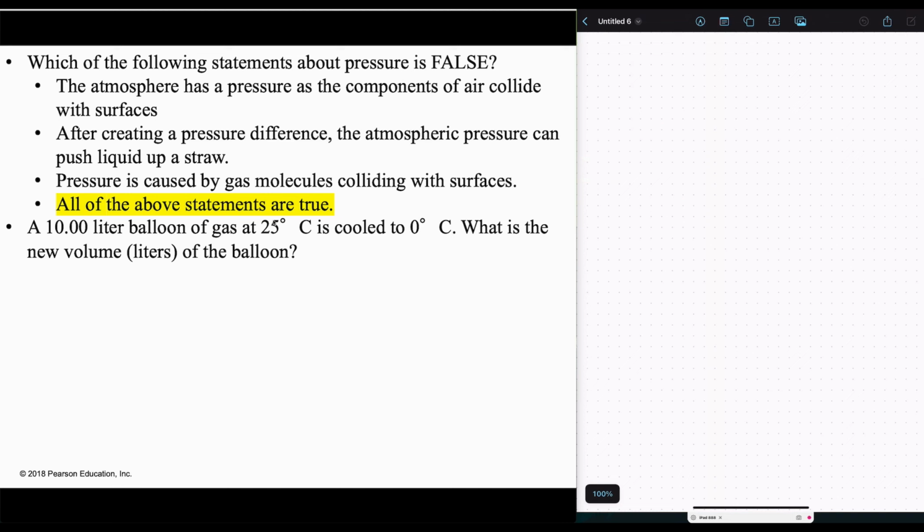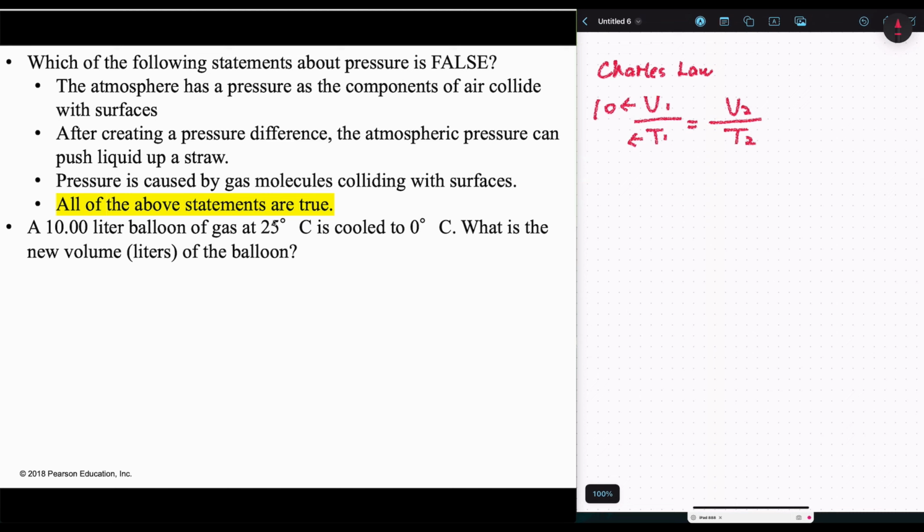So we know for Charles's law, it is V1 over T1 equals V2 over T2. In this case, we know V1 is 10 liters, and T1 is 25 degrees.